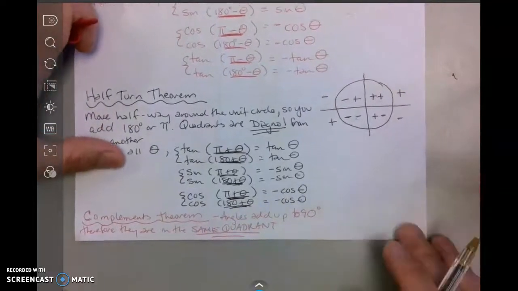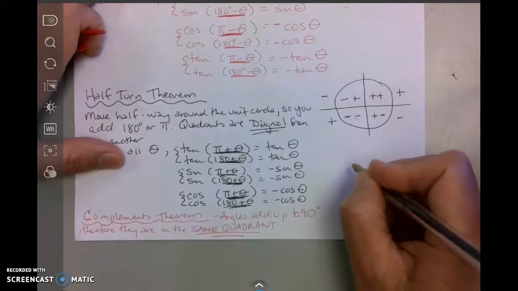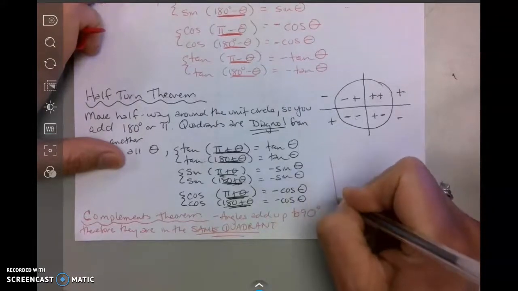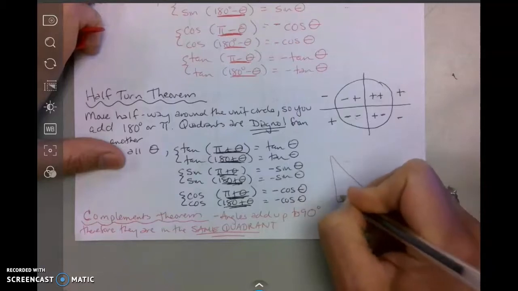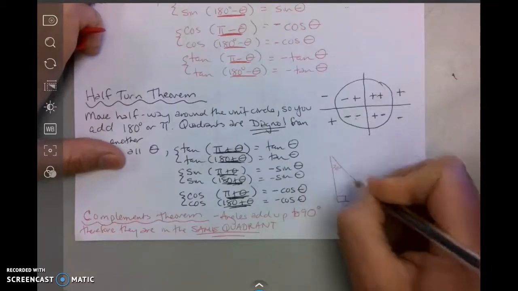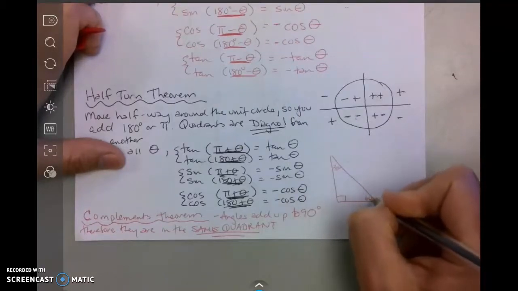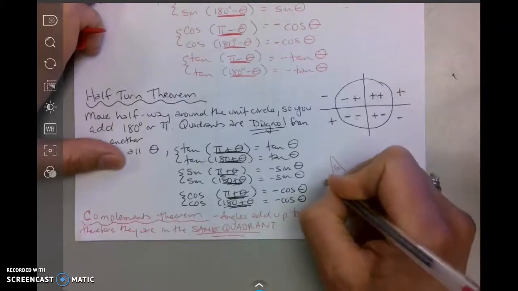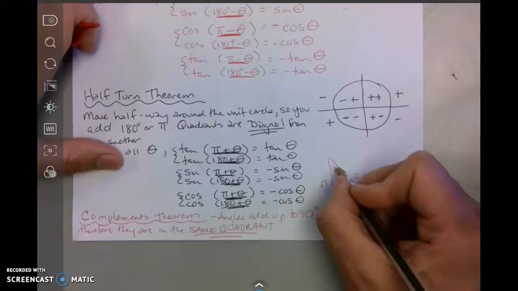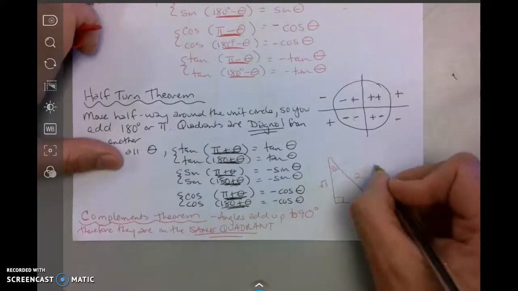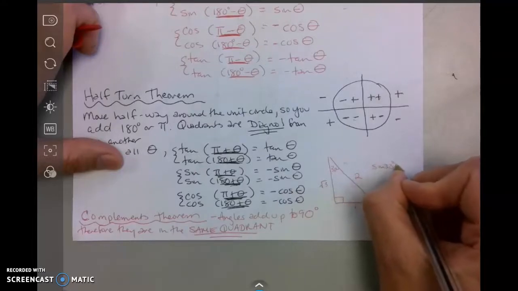And what we're going to find out here is when that happens. I don't know if you guys remember, but on a previous page of notes, when we had our 30, 60 right triangle, 30, 60, this was 1, square root of 3, and 2. I want you to see that if I look at my 30-degree angle and I take the sine of 30 degrees, I get 1/2.